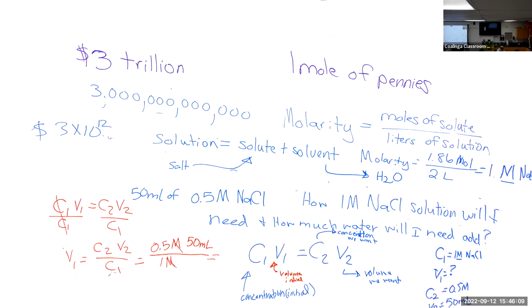And then I'm going to get 25 milliliters. How many sig figs should I have? 2? Are you sure? No. That's 1 sig fig, that's 1 sig fig.